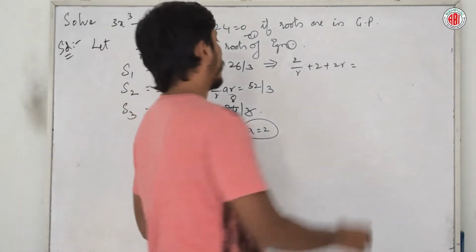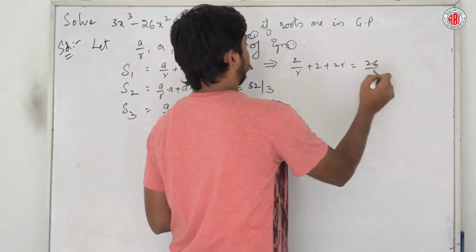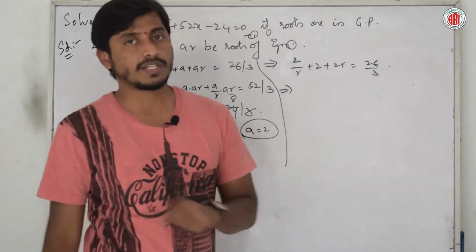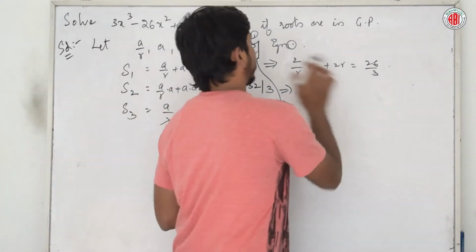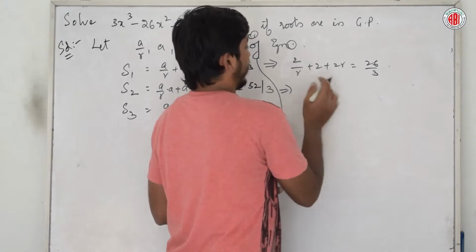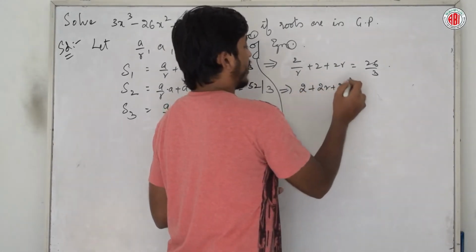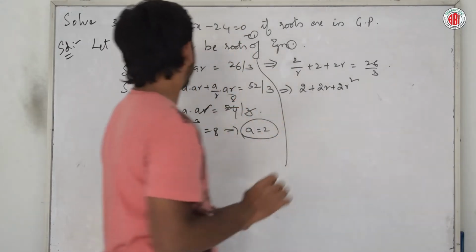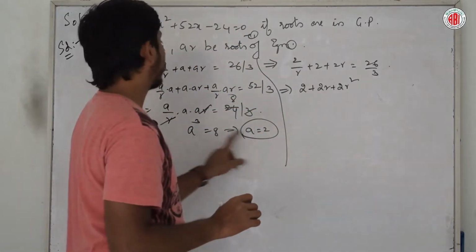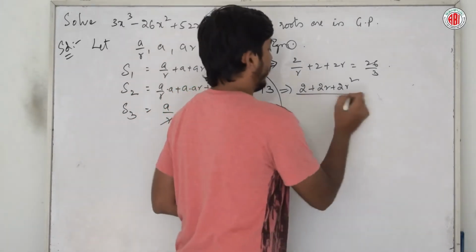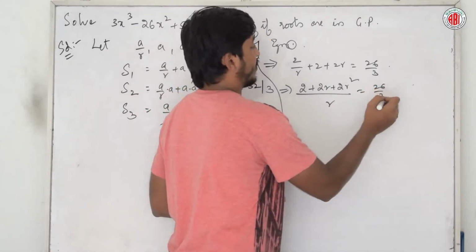No, right? So let us put it like that only. Now let me cross multiply and simplify. If I take LCM here first, let me take 2 plus 2r plus 2r square, or else can I take 2 common here? Yes, right. Whole divided by r is equal to 26 by 3.